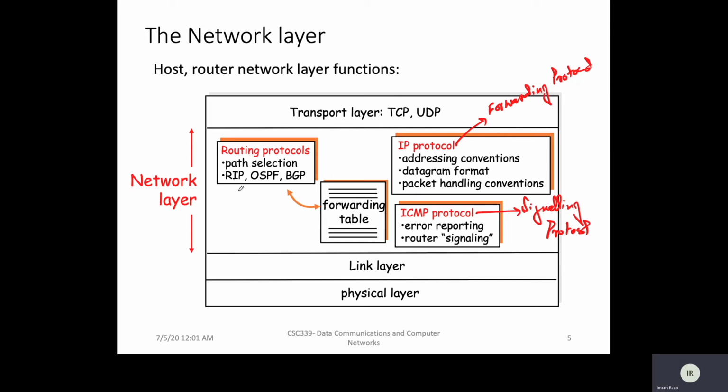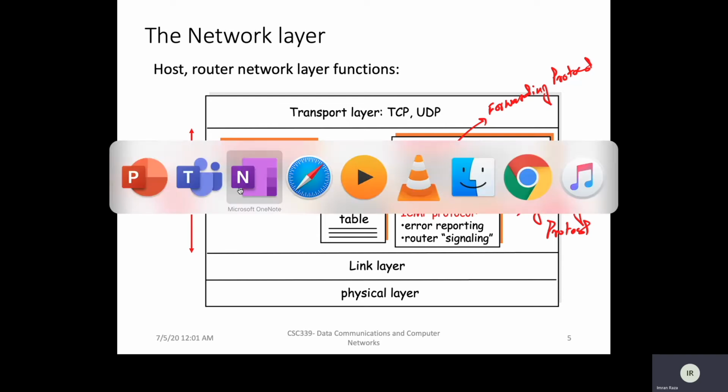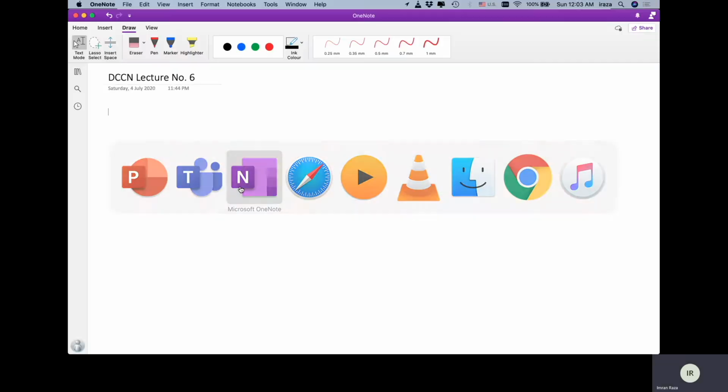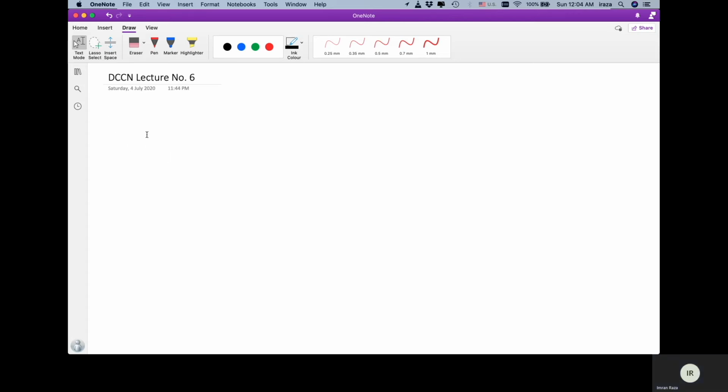Before we start discussing Internet Protocol, let me quickly have a discussion about packet switched networks. Since the internet is a packet switched network, it's important that we briefly discuss packet switched networks first.